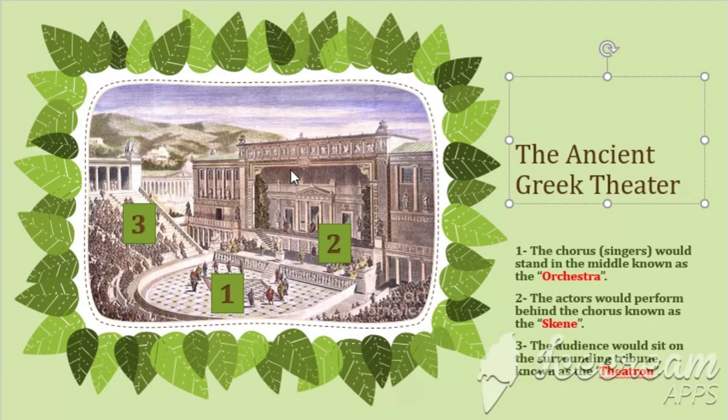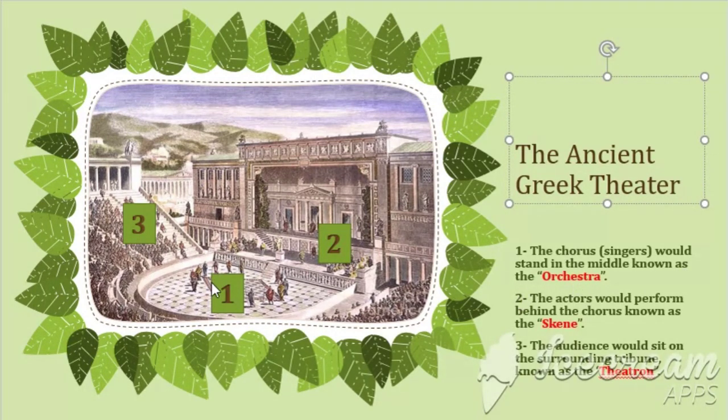So in order to give you a closer look at how the ancient Greek theater looked, here's a picture where you can see how it actually appeared at that time. You see that the theater is in open air, so there's no ceiling to the theater, okay? And here, number one, we have the chorus, or the singers, who would stand in the middle, known as the orchestra.